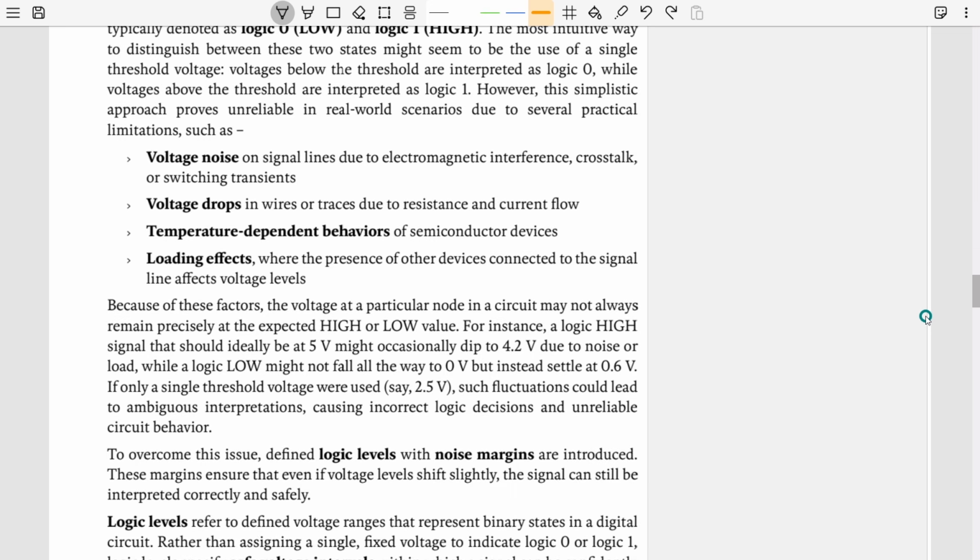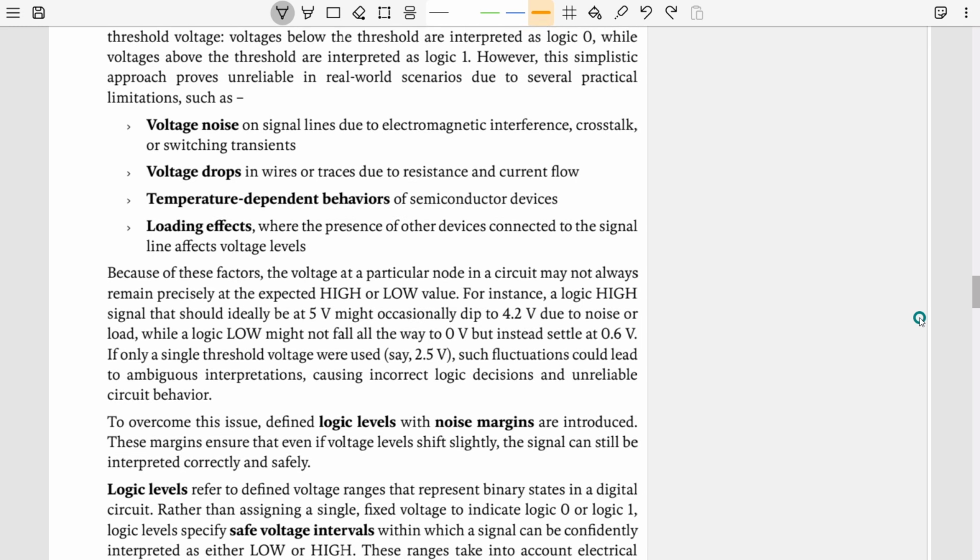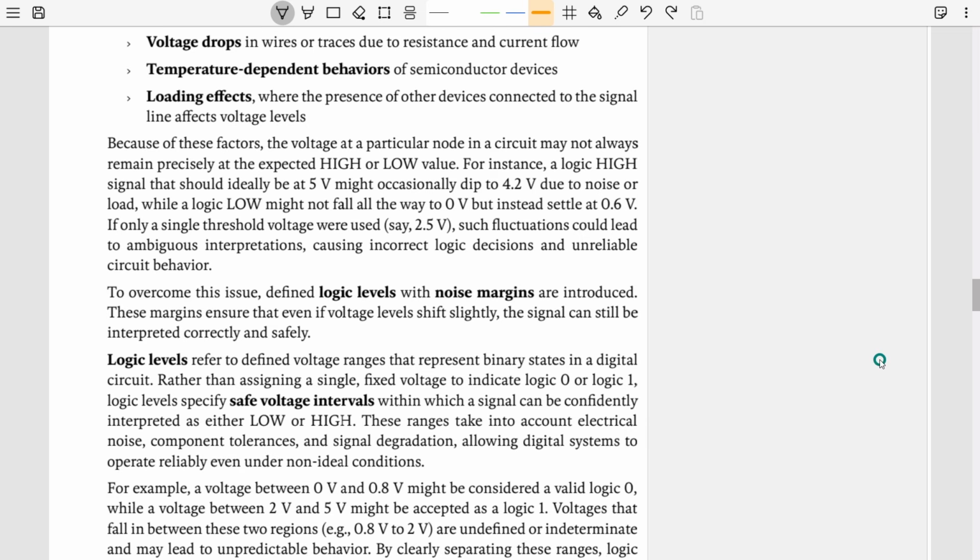So what we finally decided upon was that for any kind of logic gates, we have two states, logic 1 and logic 0, and to represent them we use this approach of logic levels. Here it's written: logic levels refer to defined voltage ranges that represent binary states in a digital circuit.